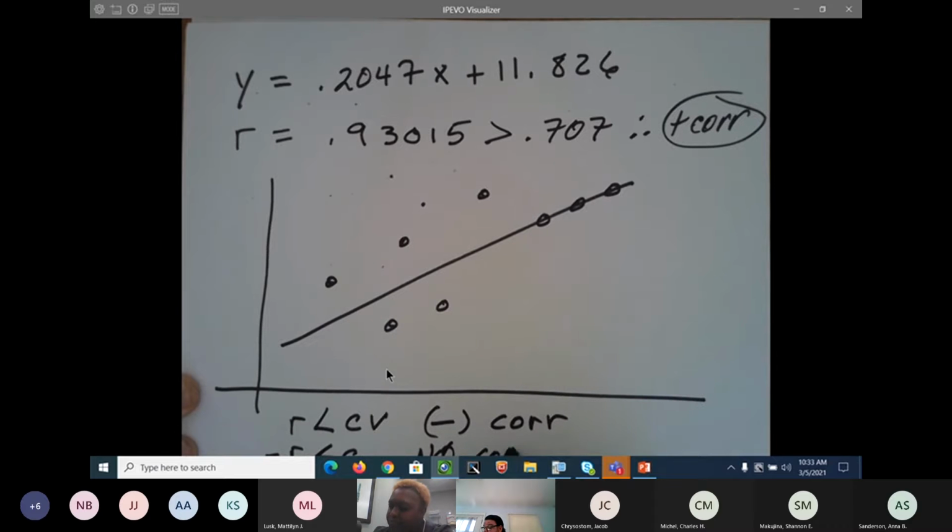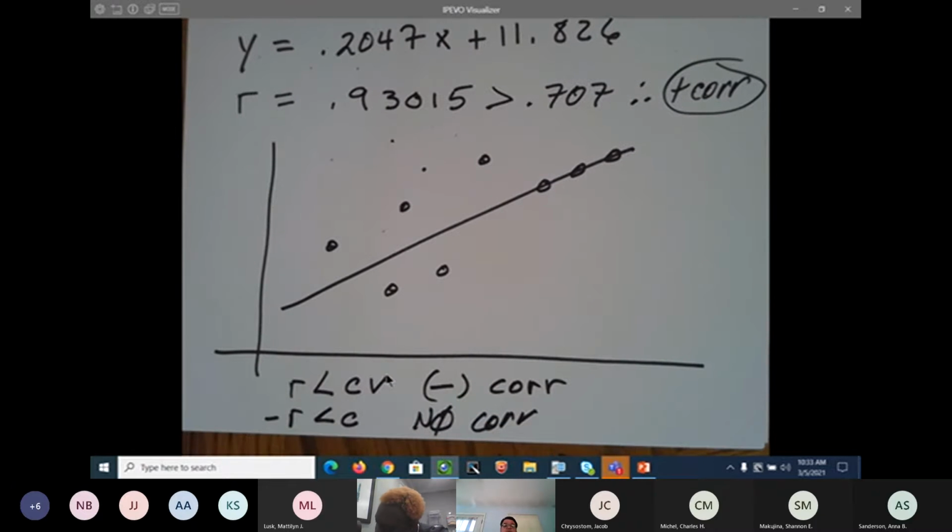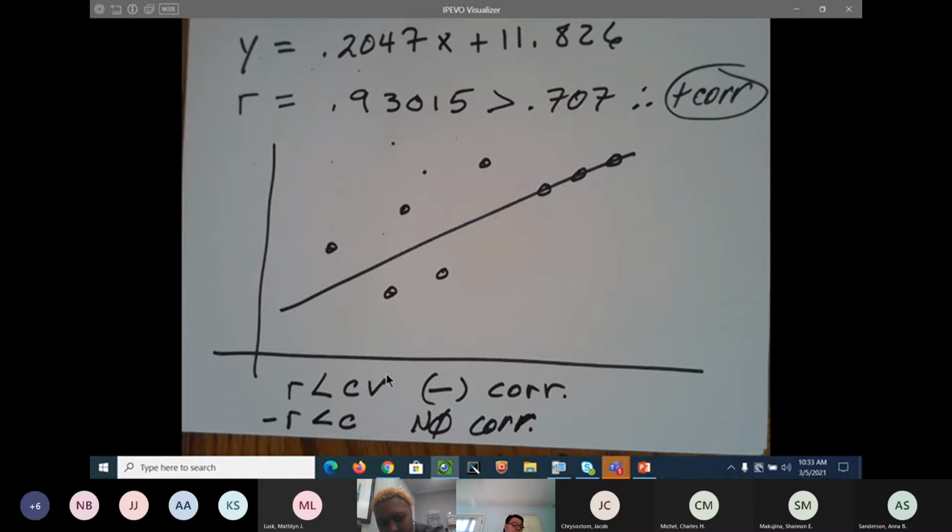Let me write that down. If R is less than the critical value, there's no correlation. Negative correlation with negative R. Okay.